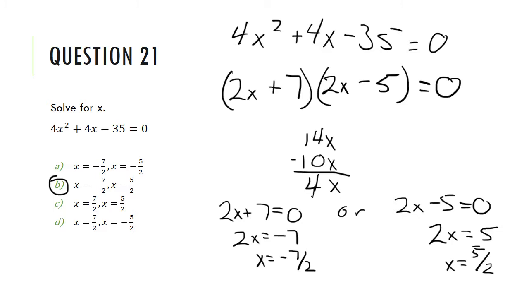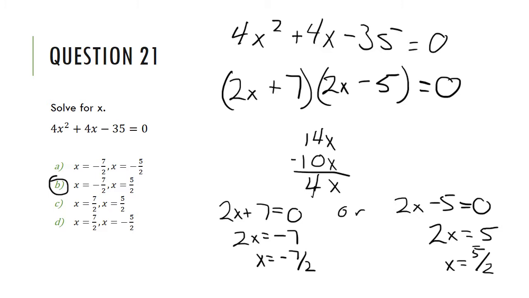So what times what would give me 4x squared? Well, how about 2x and 2x? And then what times what gives me 35? Well, think about it. 7 and 5. Cool.